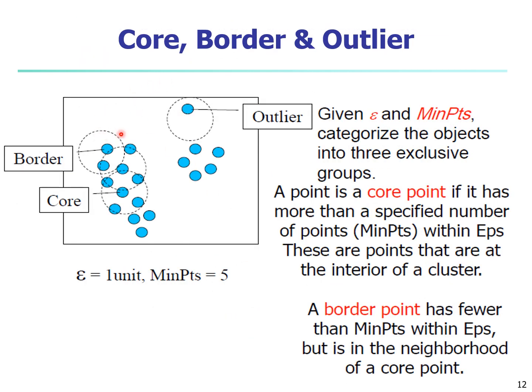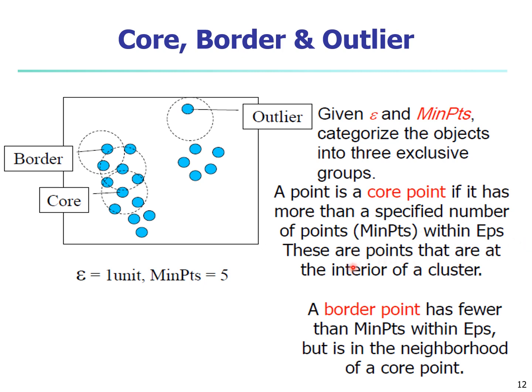Okay. So we identified the three notions of border point, core point, and outlier point. And here we have epsilon 1 unit and minimum points to be 5. So given epsilon and minimum points, categorize the objects into three exclusive groups. We call a point a core point if it has more than a specified number of points, so it satisfies minimum points within the epsilon.